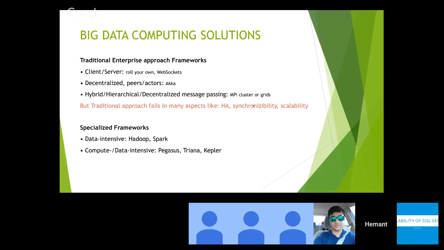For the data intensive, today our focus will be around Hadoop. This is where I made the learning around the components and how it works.